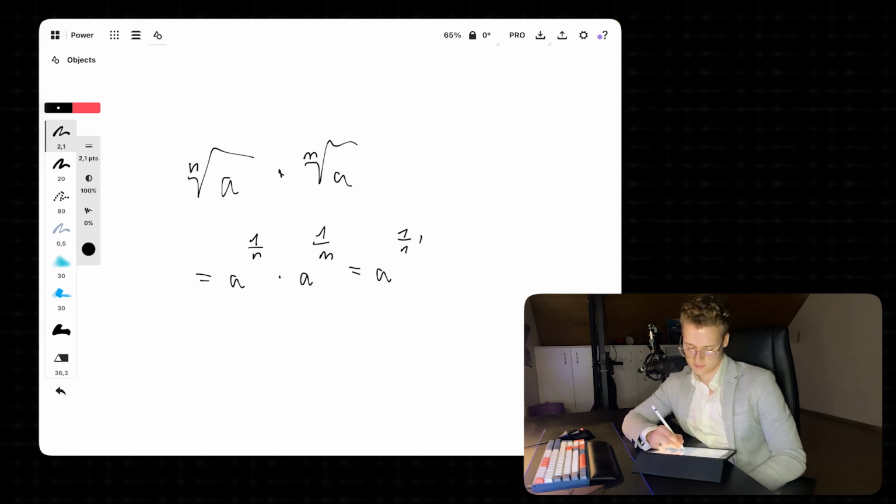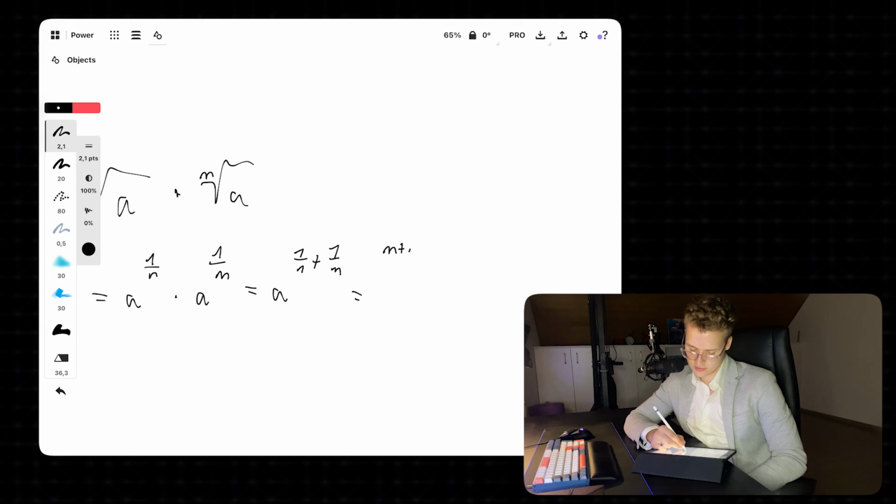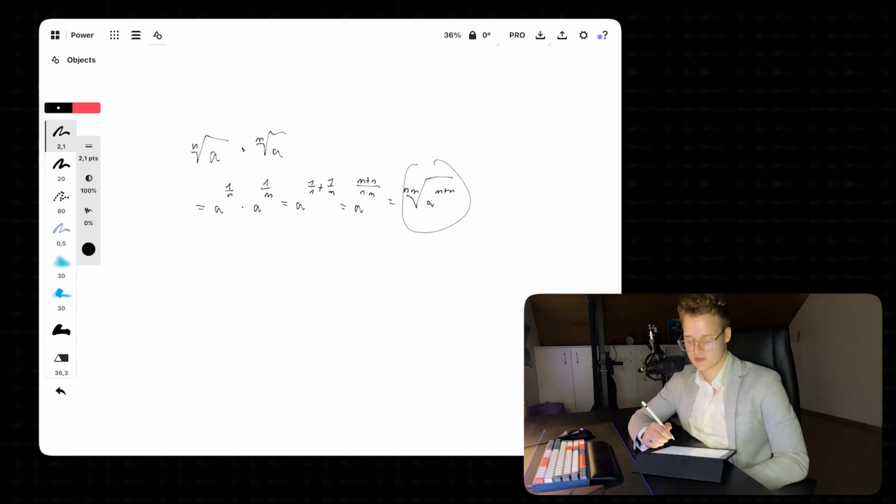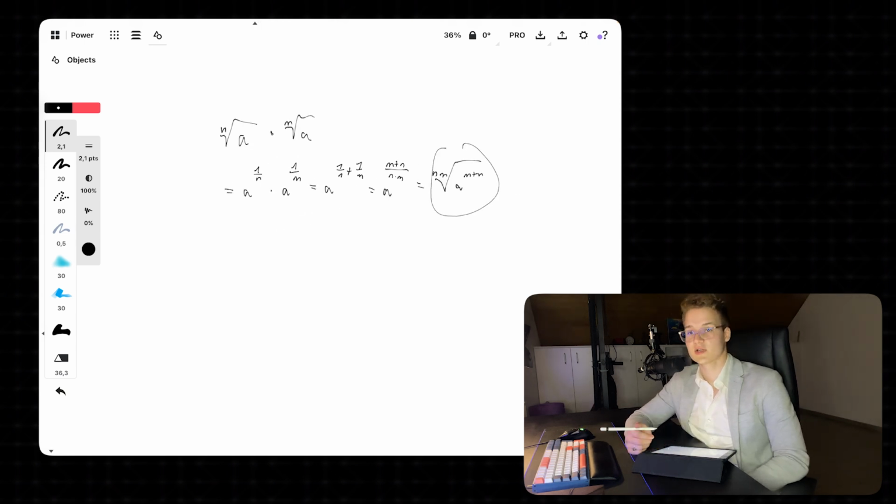So we have 1 divided by n plus 1 divided by m, which is equal to (m plus n) divided by (n times m). And we get that this is our root. This is our solution here. Okay, so it's actually quite simple.